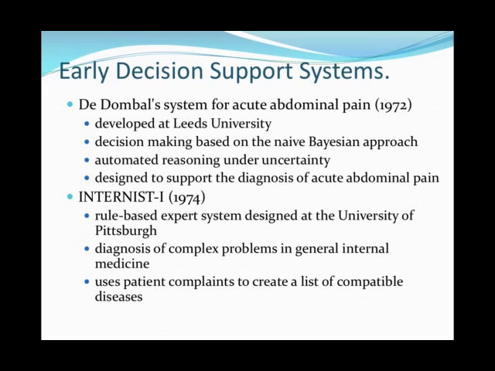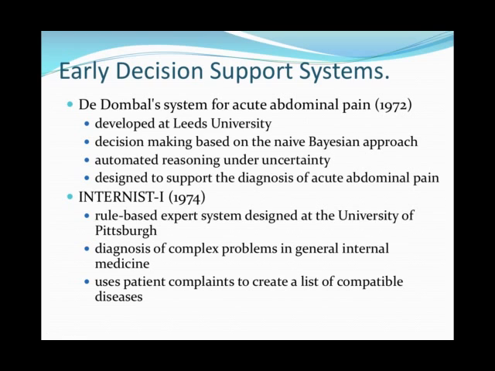When we look at early decision support systems, one of the first ones came out in 1972, and it was just for acute abdominal pain. It was using the Bayesian approach, some of those statistics we were talking about before.